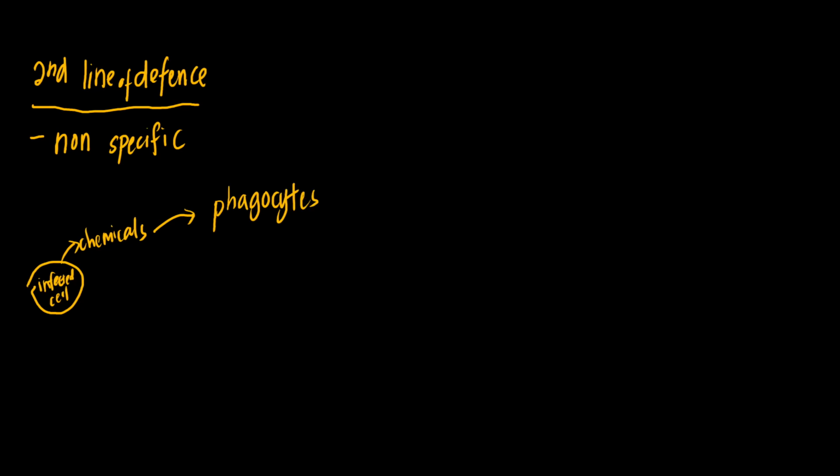Phagocytes are cells that can perform phagocytosis. Later on we will discuss what phagocytosis is. We have two types of phagocytes. One is the neutrophil. Another one is the macrophage. Alright.